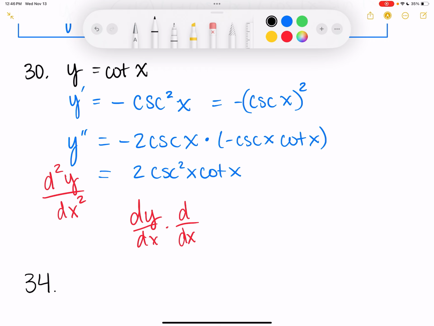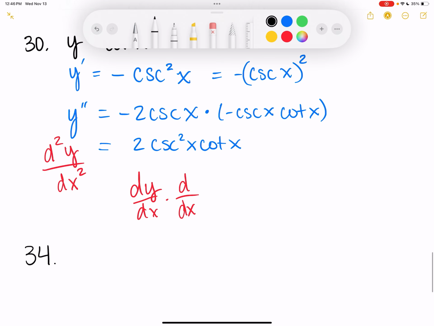He's glitching. 34. Find the value of f of g prime at the given value of x. F of u equals 1 minus 1 over u. U equals g of x equals 1 over 1 minus x.